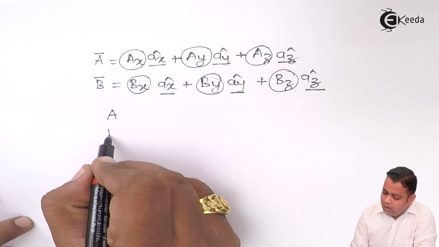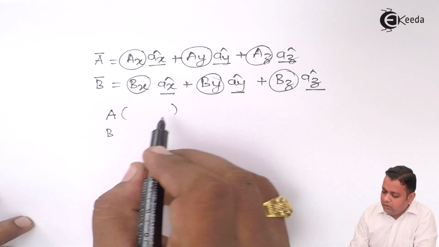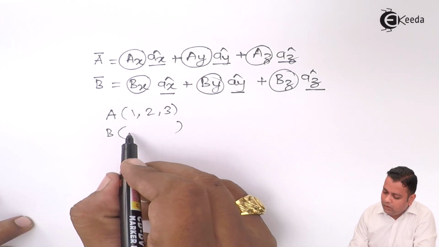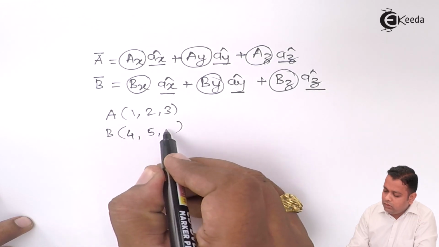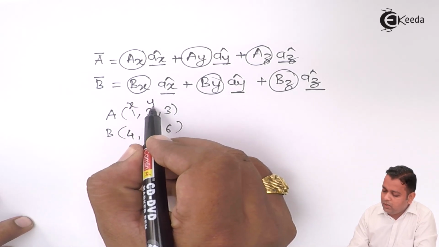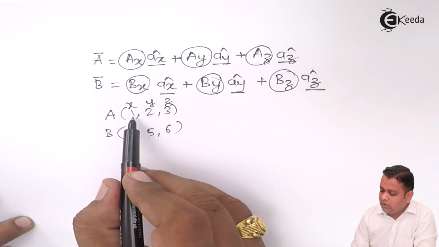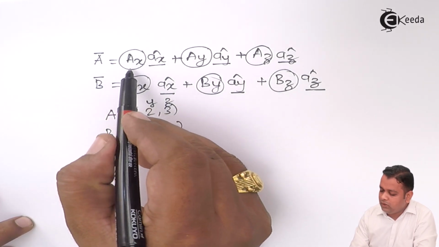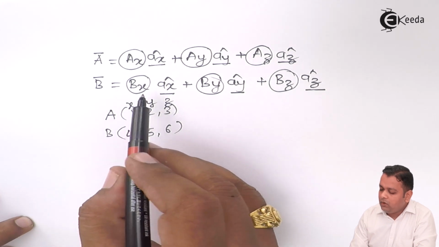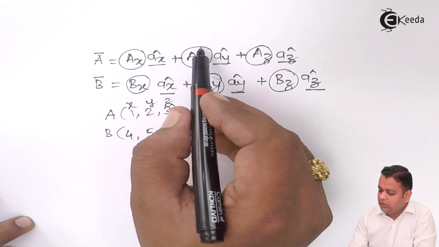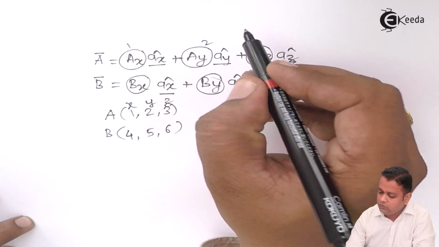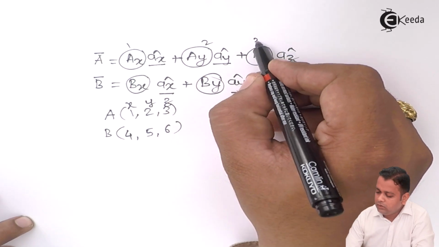For A and B, if in brackets we specify some coordinates, let us say 1, 2, 3 and 4, 5, 6, then 1, 2, 3 are nothing but the values of x, y and z. So in vector representation we take capital Ax, the x coordinate, equal to 1 for A, the y coordinate 2 for A, Ay, so Ax will have 1, Ay will have 2 and Az will have 3.